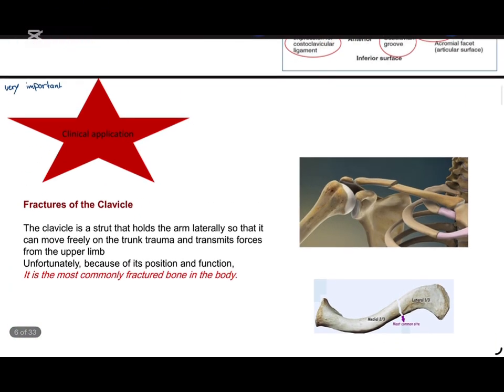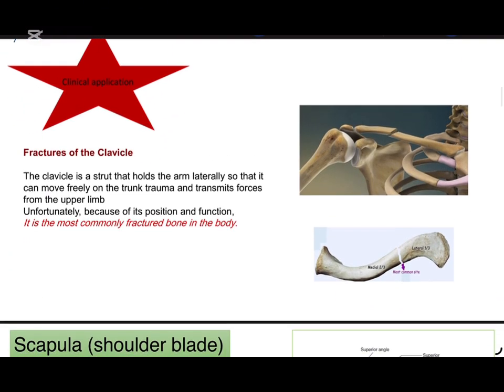So what will happen when this bone gets fractured, what do you think the patient will suffer? Yes, exactly. So we said this is the only bone that carries the whole upper limb to the trunk.